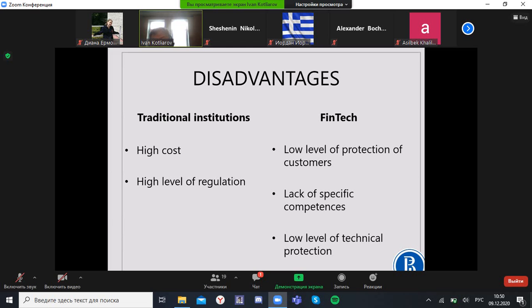Ladies and gentlemen, as you understand, traditional institutions can also be attacked by hackers, but traditional institutions may invest more money thanks to their higher scope. They may invest more money into development of cyber protection.